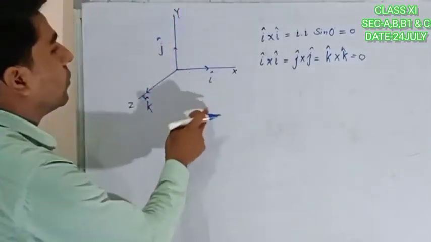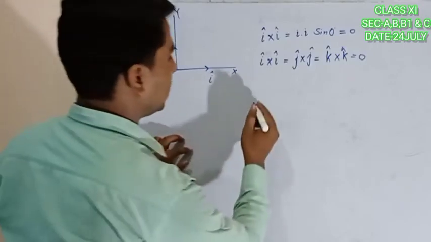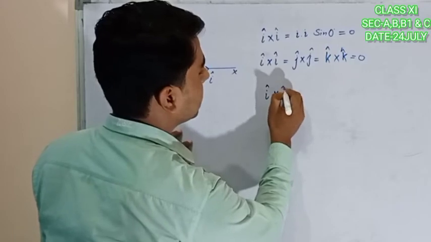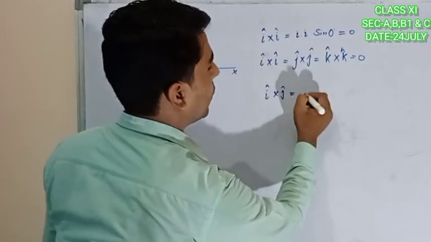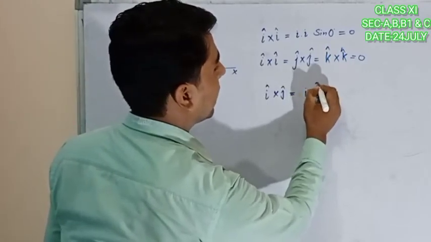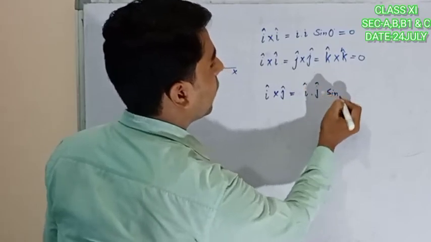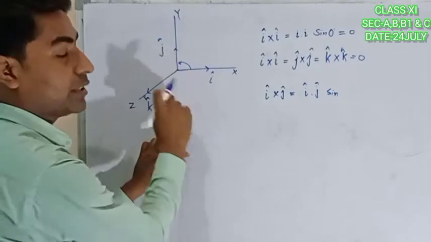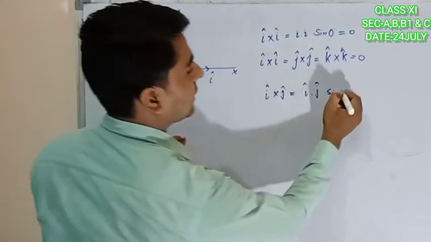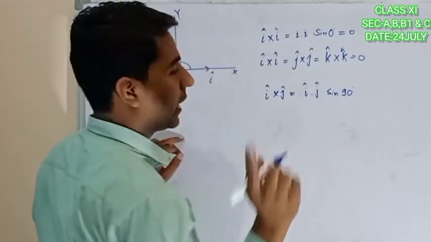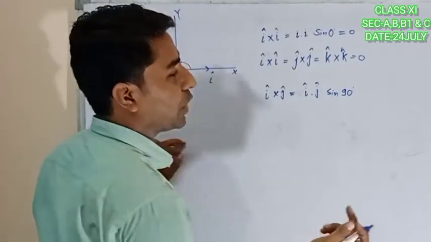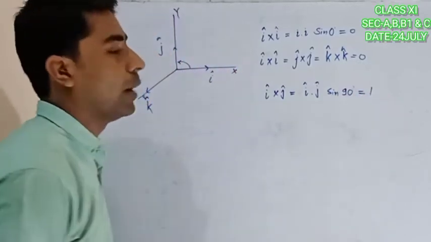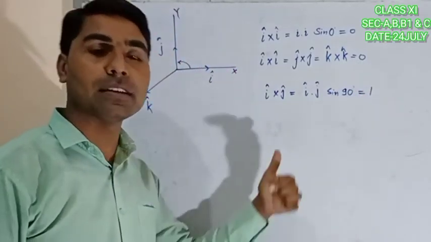Now i with a different vector. See here, i cross j is equal to i j sine, what is the angle here? i to j. See, i to j, not j to i. i to j is what? 90. So sine 90 value is 1, and the magnitude of i and j is 1. So here you are getting 1. But again one question, it's a vector quantity.